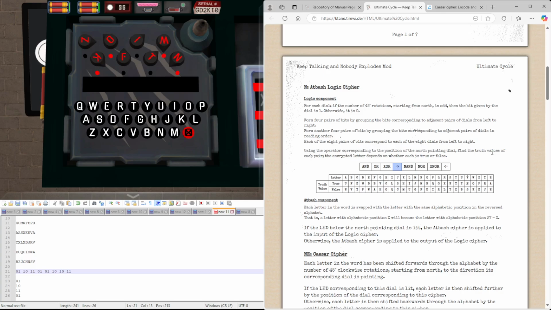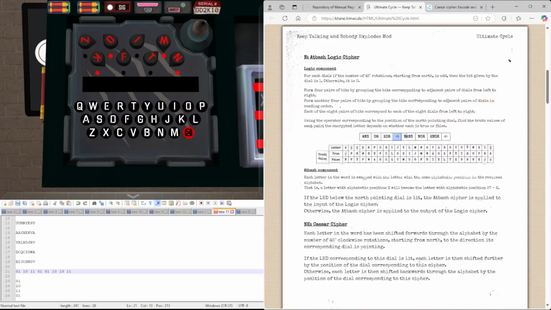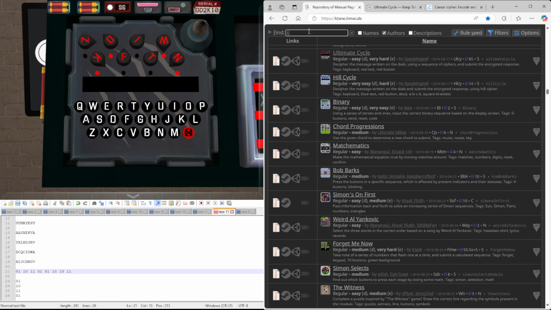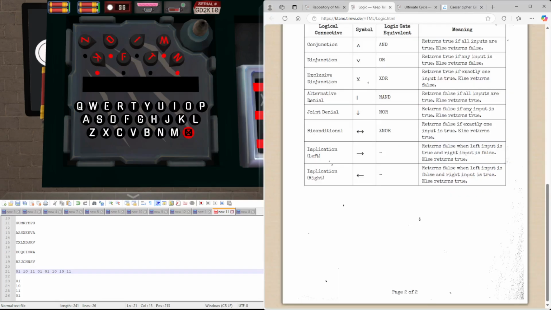And the truth values of each pair depend on whether each is true or false. It implies, so it implies in this. Yes.